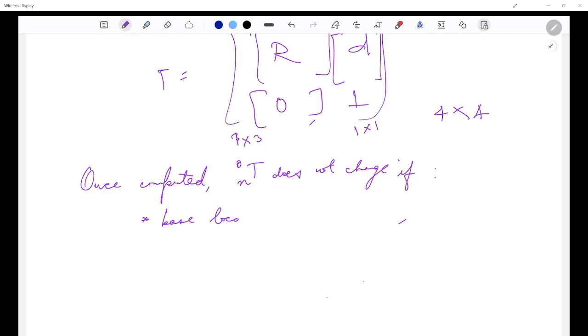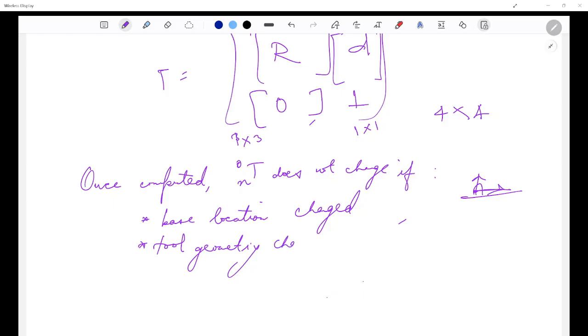We do not have any problem if we change the base location, because it is basically the transformation between both of them and it does not depend on where the initial position is. You can always define the origin at the base. Even if you have taken some other coordinate system, you can always define it. If the robot's frame or tool geometry changes, it does not matter, because what we care about is the transformation between the base and the end effector.